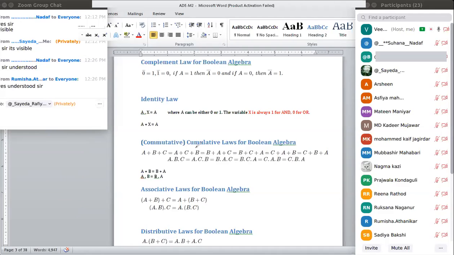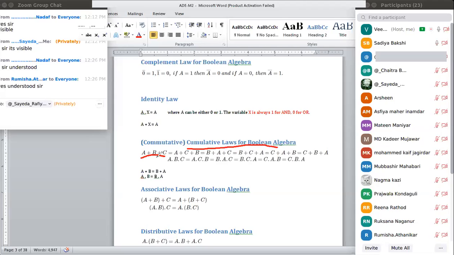Then the commutative law for Boolean algebra. It is so simple. Let us take any number of variables, 3 variables, 4 variables, or 2 variables. The arrangement of these variables can be in any position.